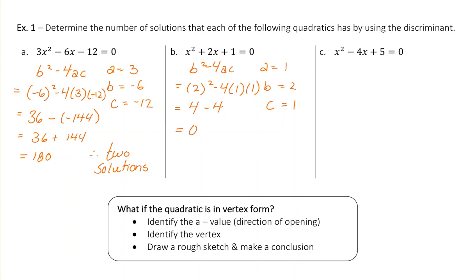This is equal to 0. Okay, in this case, therefore, this is one solution, and that solution again would be the vertex. And the last one, I'm assuming you can figure out the trend. We're going to represent all three types of examples. The discriminant, our values here are A is 1, B is negative 4, and C is 5.